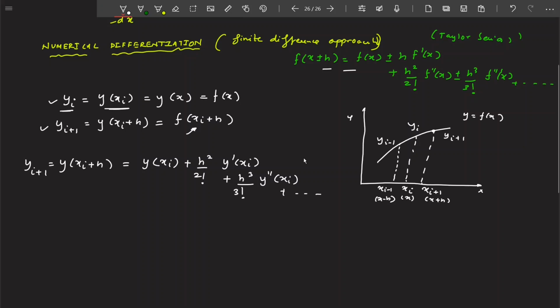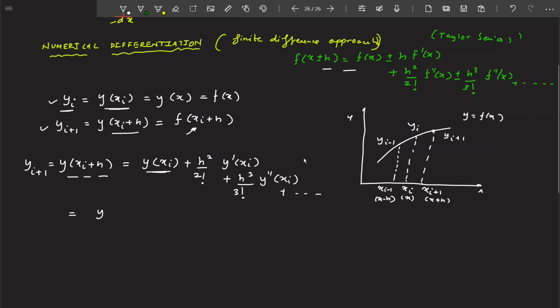So I told you that I'll not be writing down like this, but still, since this is the first Taylor series approximation, first time I'm using it, I'll write it down like this, but from next time onwards I'll not be writing down like this. So we know what this is.